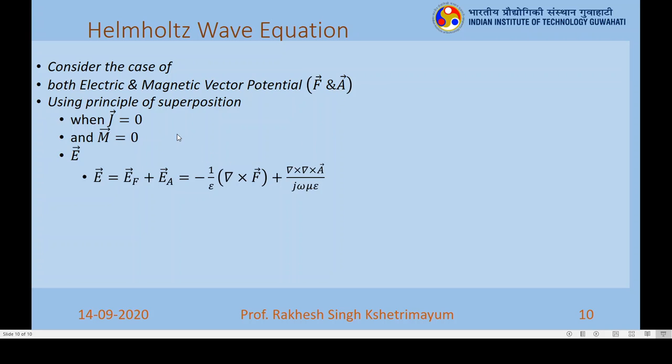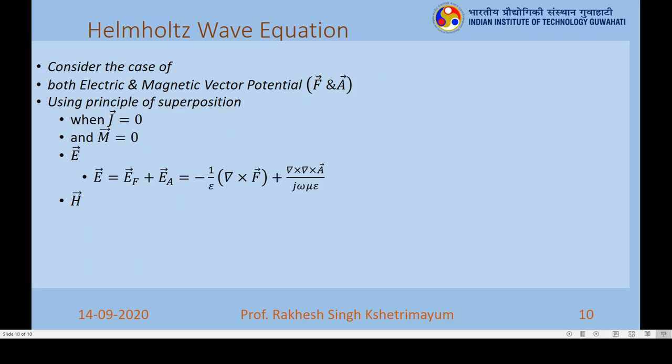So if we apply the principle of superposition, the total electric field will be contribution from F and contribution from A. So finally electric field will be minus 1 by epsilon curl of F. This is the contribution from the F vector. And electric field contribution from the A vector will be curl of A by j omega mu epsilon.